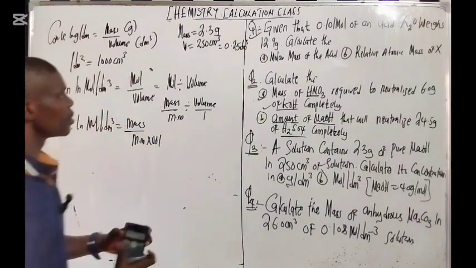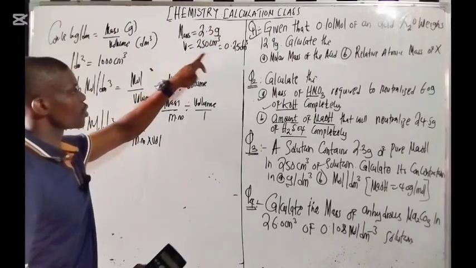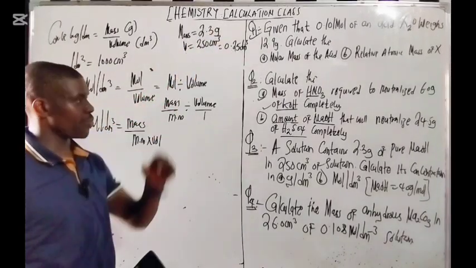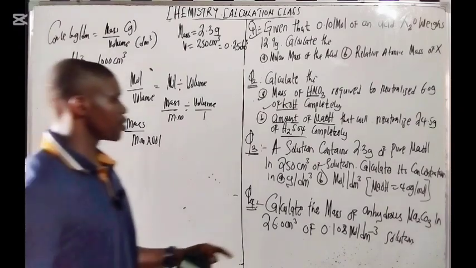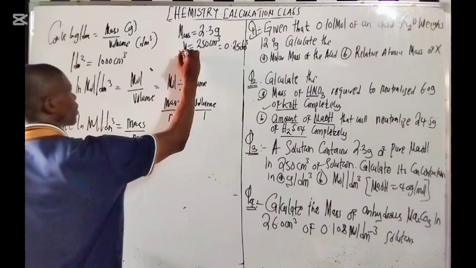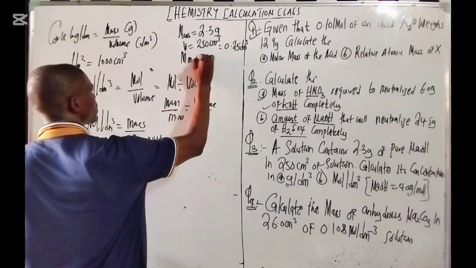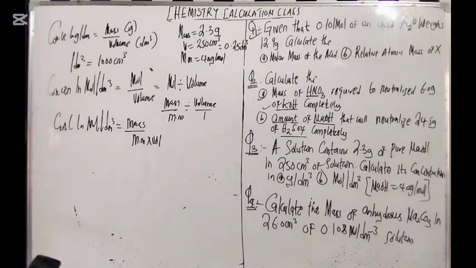Now, what is the molar mass of the solute? It is sodium hydroxide, and the molar mass is 40 gram per mole. Do you see that?